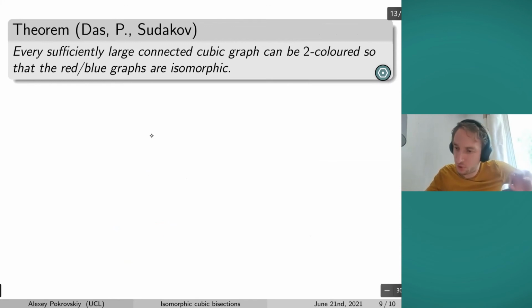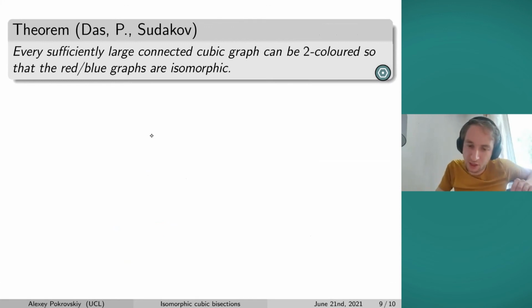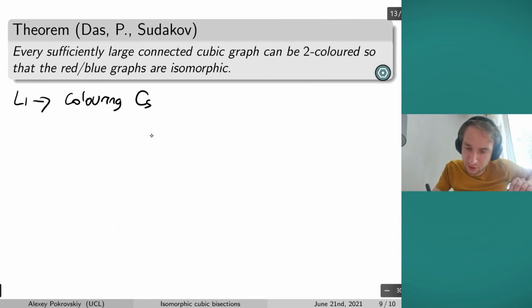So let me briefly tell you how things fit together. First, you use the first lemma to get your coloring, let's call it C start, with the number of red paths being roughly equal to the number of blue paths.